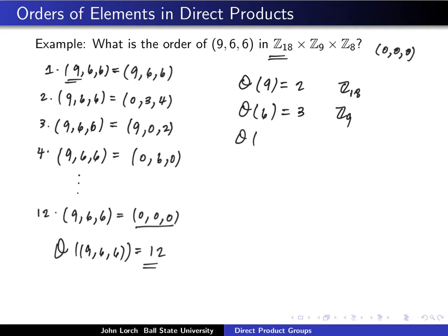And the order of 6 inside of Z8 is 4. And lo and behold, this number 12 is a common multiple of them. And in fact, you would expect it to be, if it's going to be the smallest possible multiple, then we want it to be the least common multiple of 2, 3, and 4.